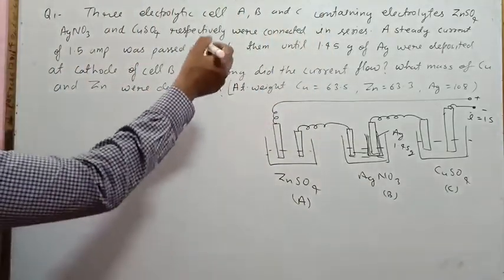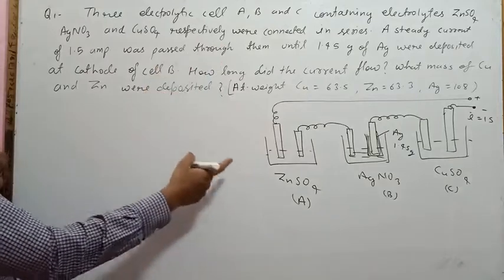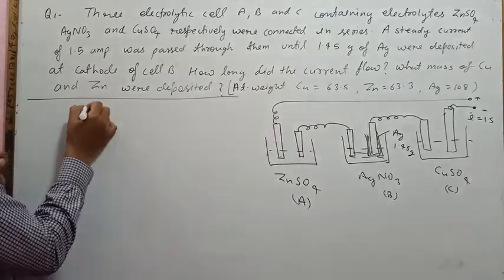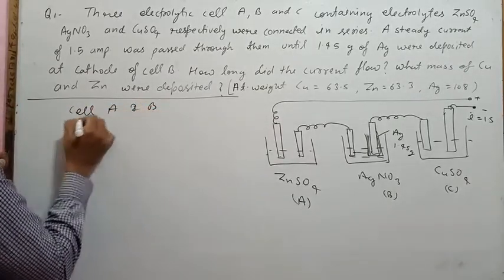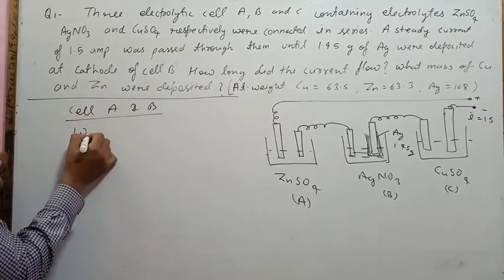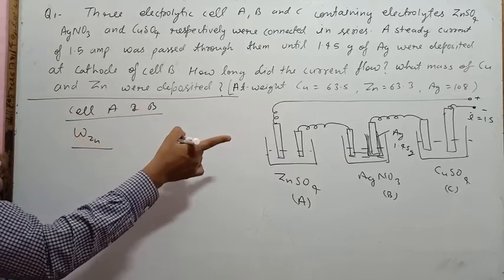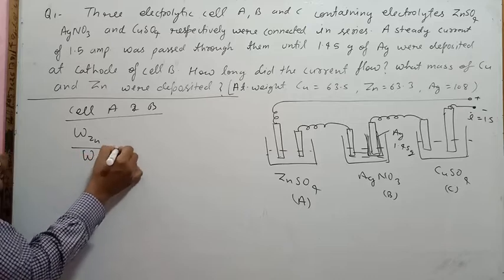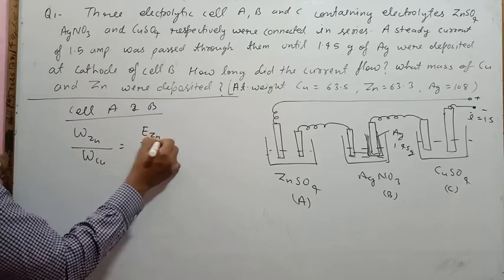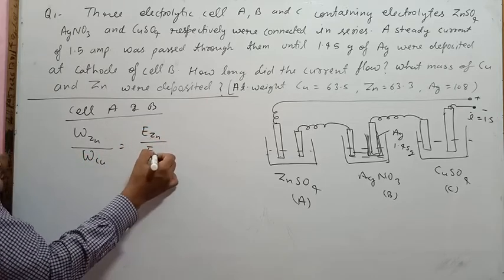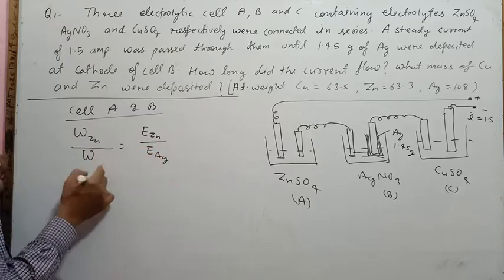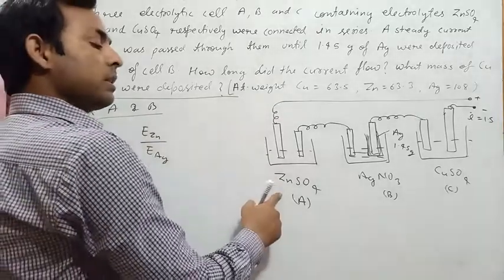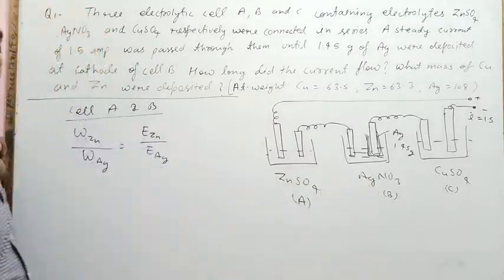In the first case, I am going to compare zinc sulfate and silver, cells A and B. According to the second law of Faraday, mass of zinc upon mass of silver equals equivalent weight of zinc upon equivalent weight of silver. It is silver, not copper, because cell A contains zinc sulfate and cell B contains silver nitrate.